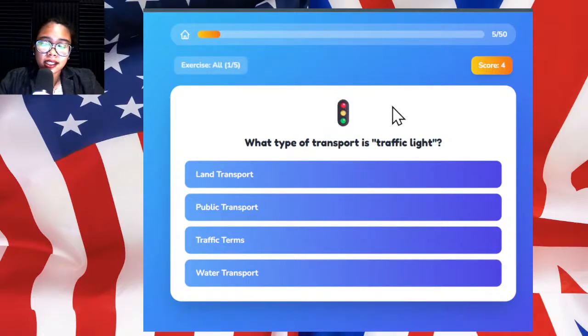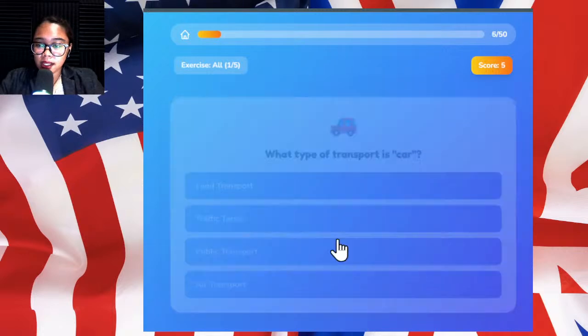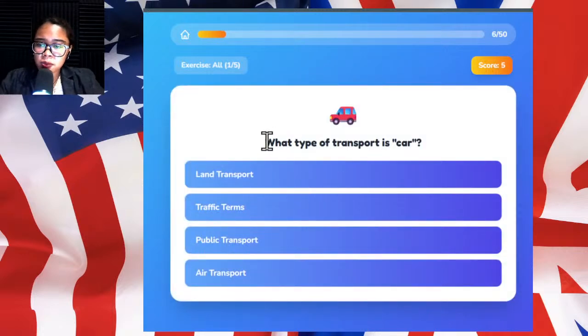That is stop. How about yellow? That is caution or prepare to stop. How about green? That is go. So again, what type of category is traffic light? That is traffic terms.